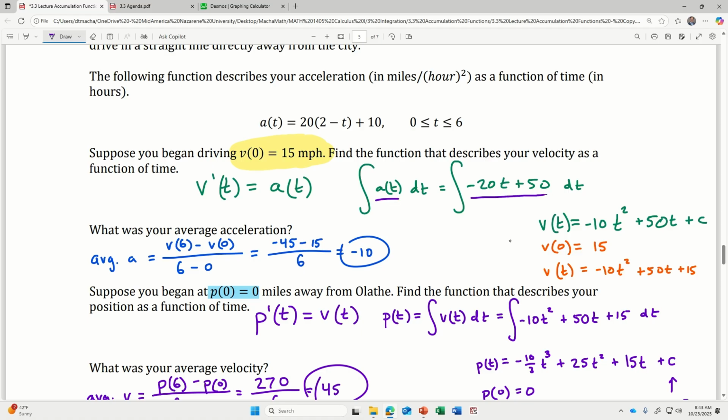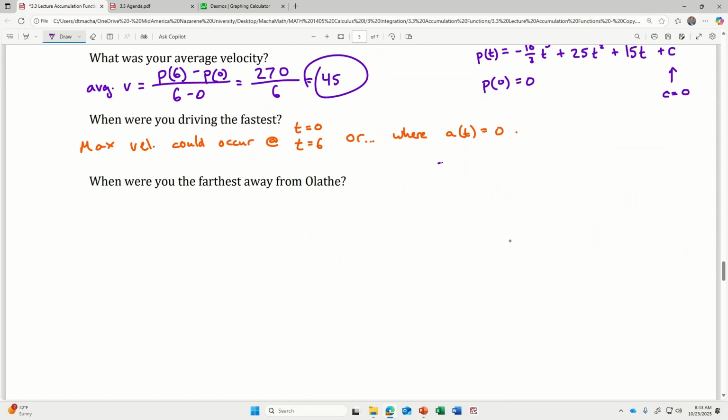And this is the acceleration function, right? Negative 20t plus 50. And that would give me t equals 5 over 2.